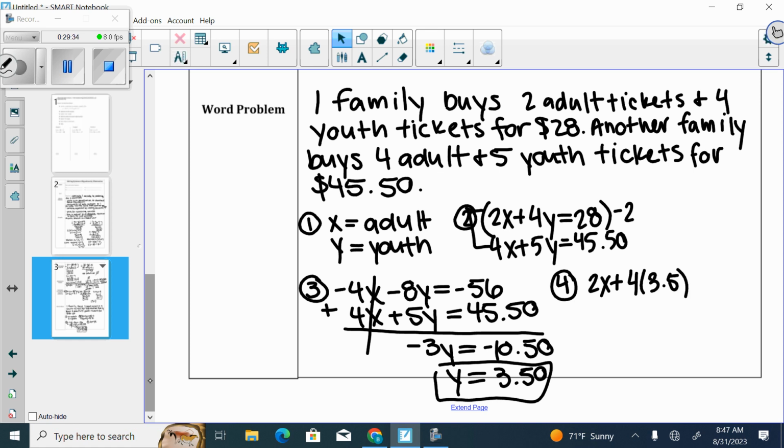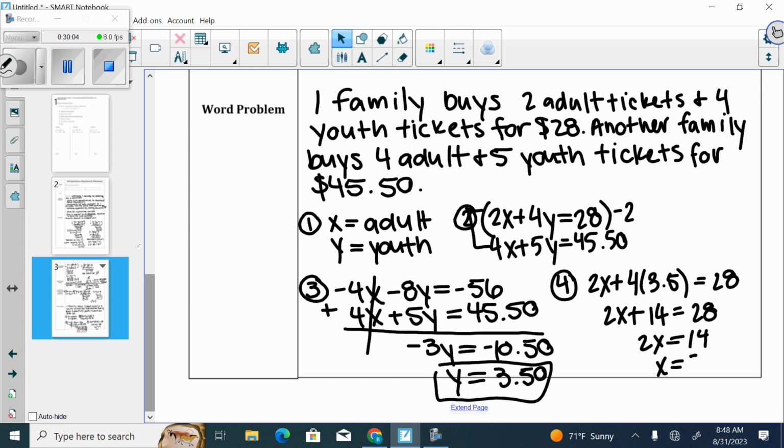Good. Is equal to 28. What is 4 times 3.5? And then we would have 2x plus 14 equals that 28. And then we will subtract and divide, right? So what would our value of x be?